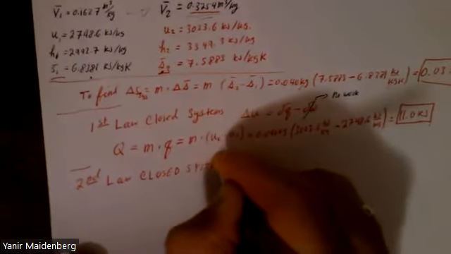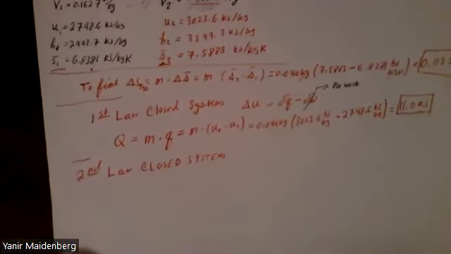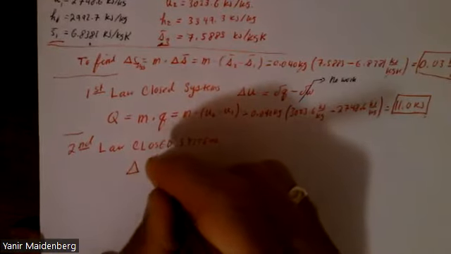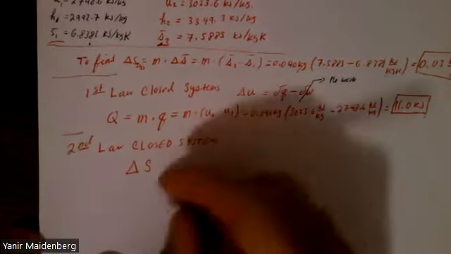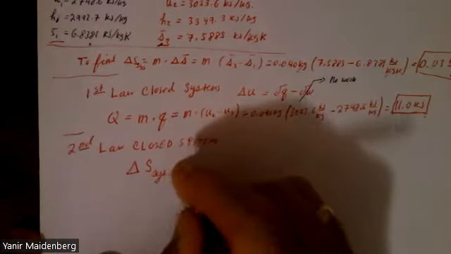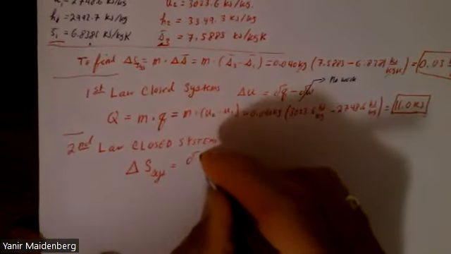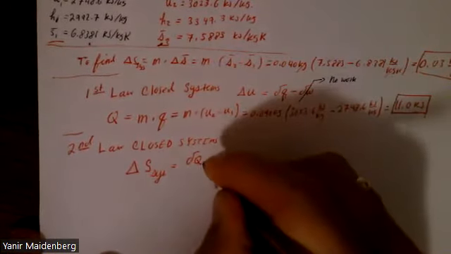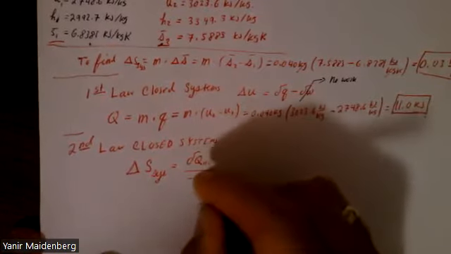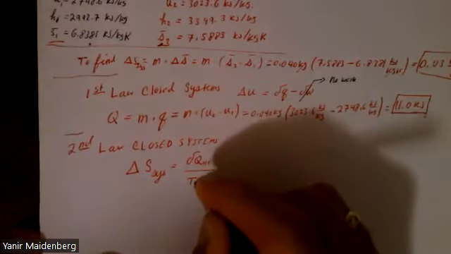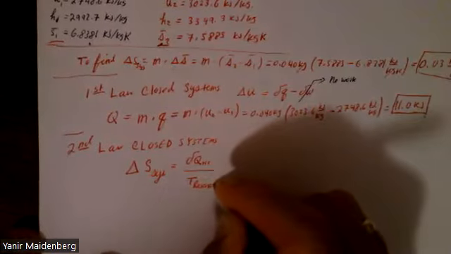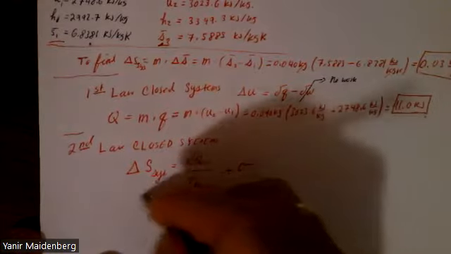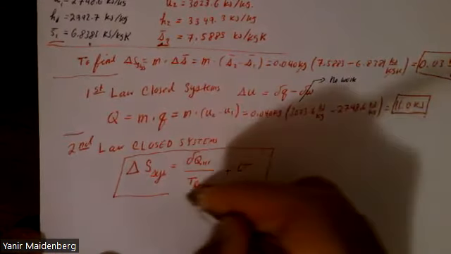The entropy balance for a control mass is going to be delta S for the system, then Q, the heat transfer, divided by the temperature of the reservoir, plus the entropy generation.